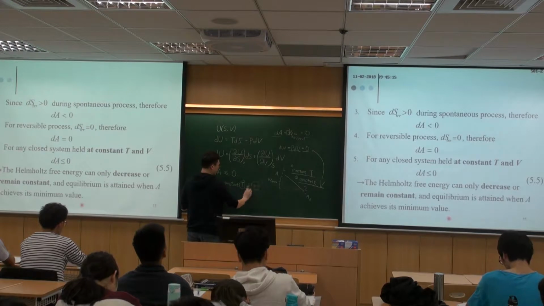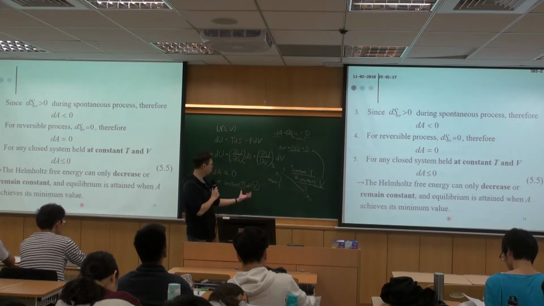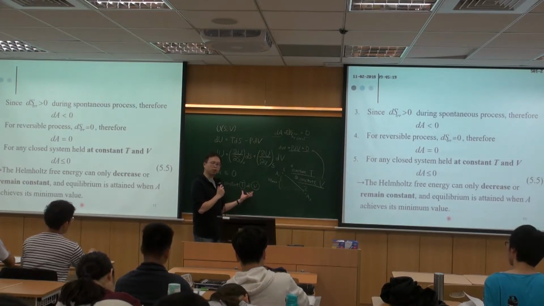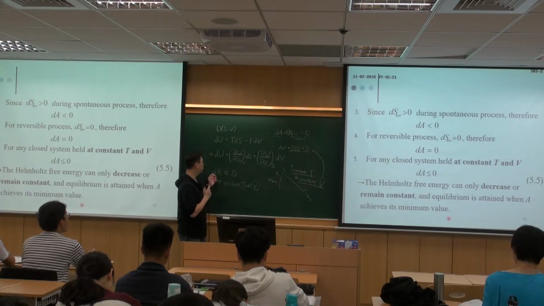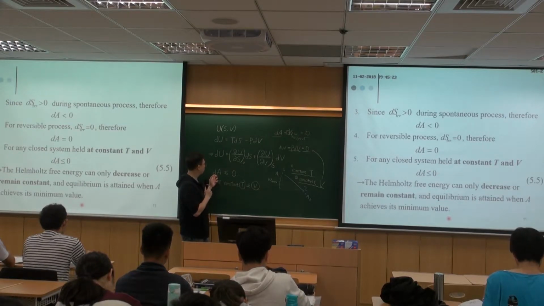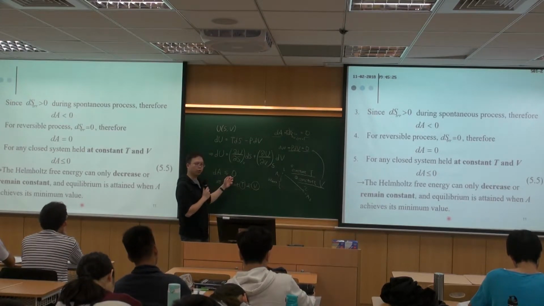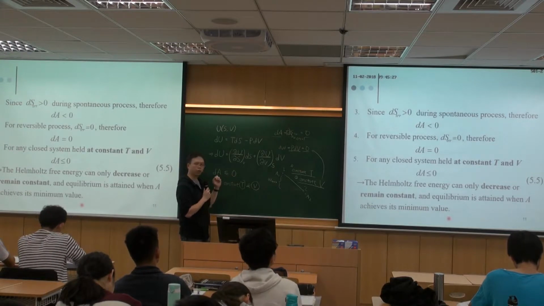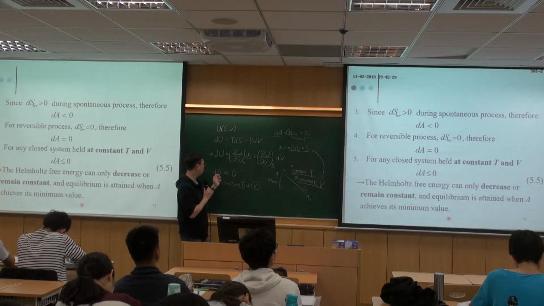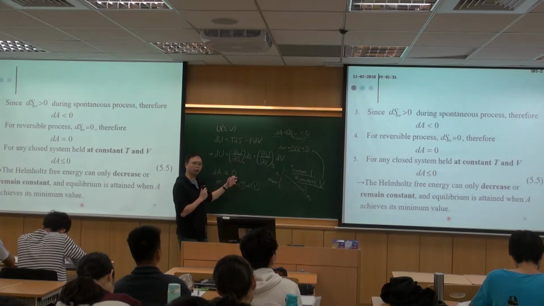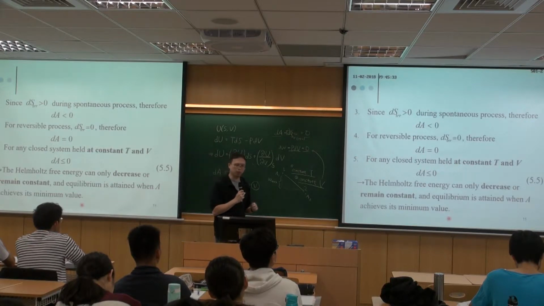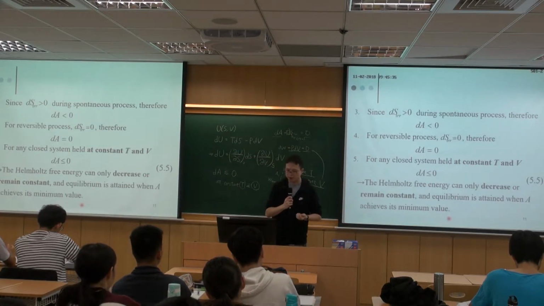So when you have two independent variables fixed, typically you can extract dA being 0 if you're dealing with a reversible process, and it will be smaller than 0 if you're dealing with an irreversible process because you have dS_irr. Okay?